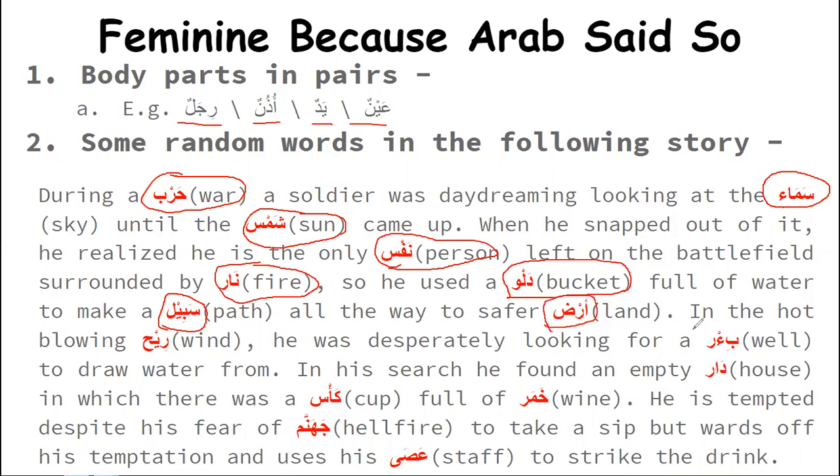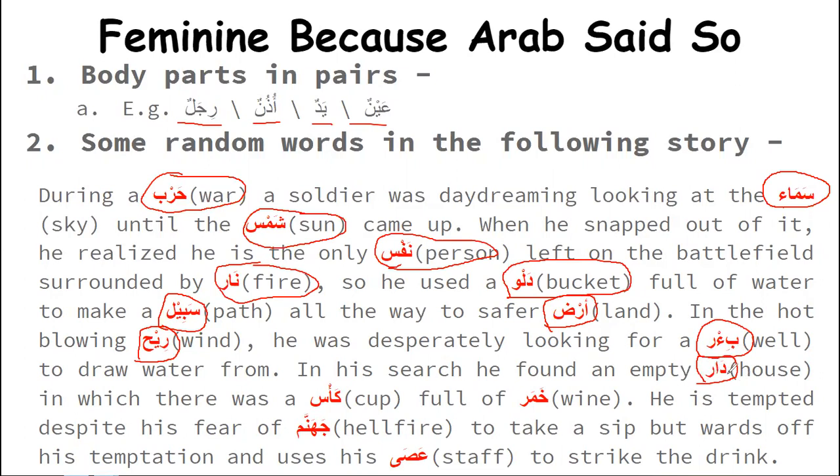Okay. In the hot blowing rih, rih means wind, in the hot blowing wind, he was desperately looking for a beer, the word is beer, a well, to drink water from it. In his search, he found an empty dar. Dar means house. House has another Arabic word too, but those words are not feminine.